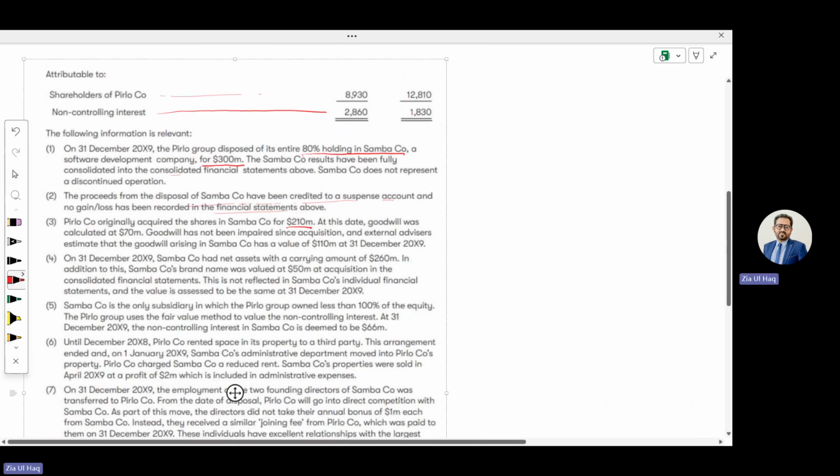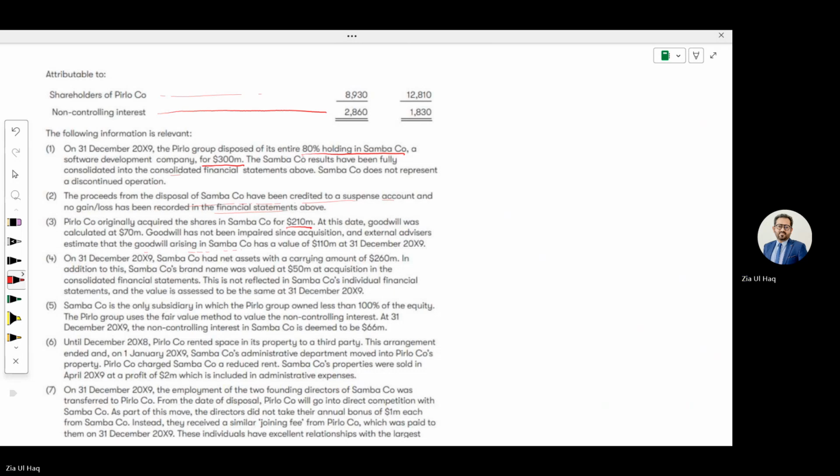At this date, goodwill was calculated as 70 million when they acquired. We need the goodwill value now, if there is any impairment in the previous years. Goodwill has not been impaired since acquisition, and an external advisor estimated that the goodwill arising in Samba company has a value of 110 million at 31st December 20x9. So goodwill of 70 million was at acquisition. There is no impairment.